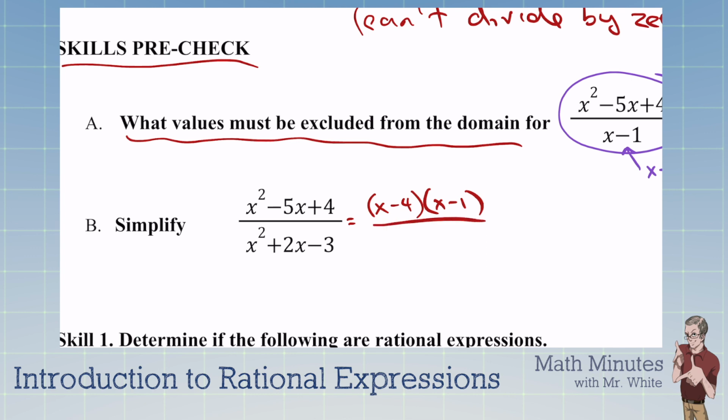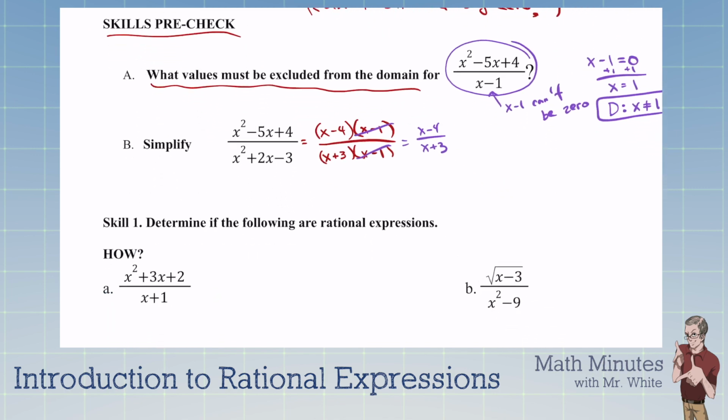I'm reverse FOILing. I've got tons of videos on factoring on my channel. So I factored first. Now, is there anything on the top and bottom that match? Any factors that match? Yeah, we got this one and this one. So the answer here is x minus 4 over x plus 3. This is what it means to simplify a rational expression.